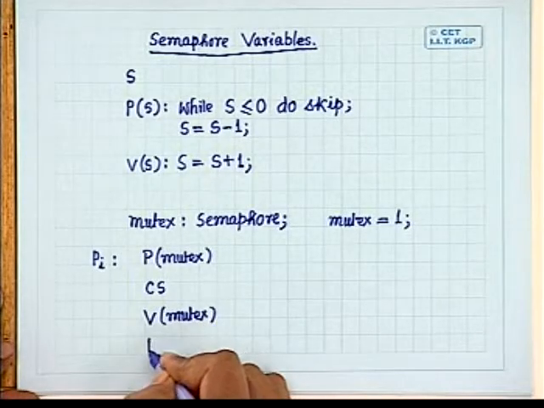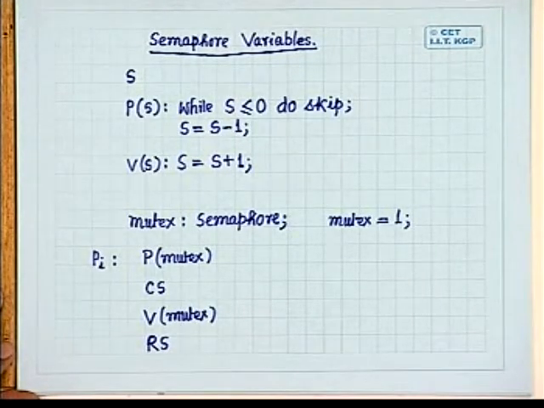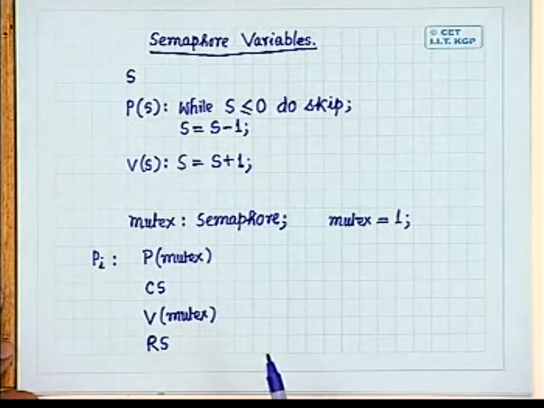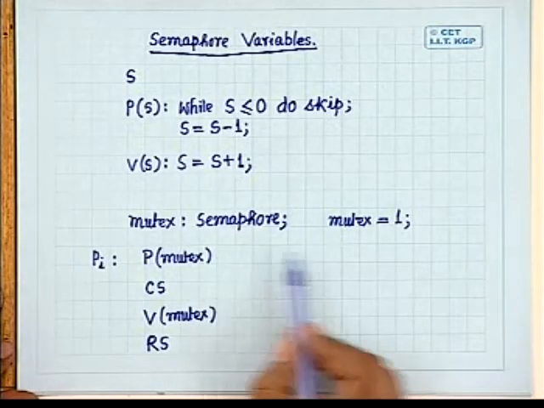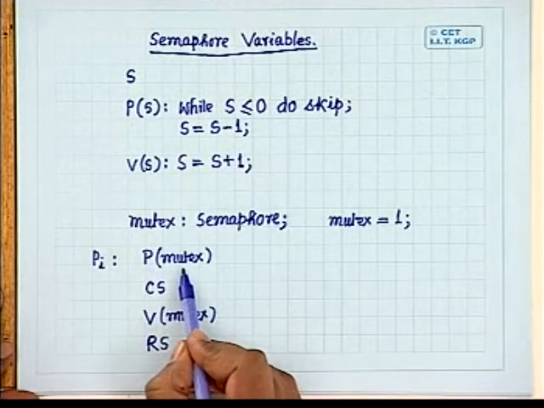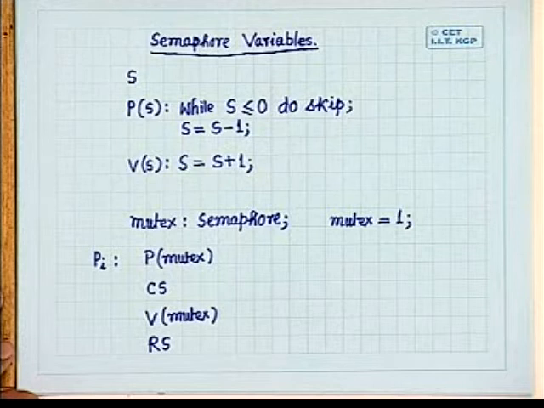And then comes the remainder section of the program. Okay. So we follow the property of the semaphore variables, that is we can initialize it, or we can perform P operation on the semaphore variable, or we can perform V operation on the semaphore variable.